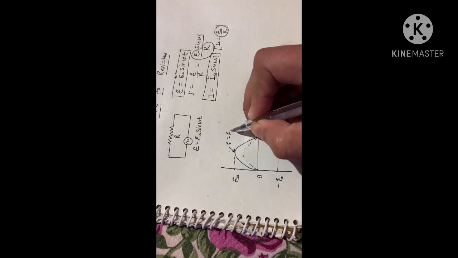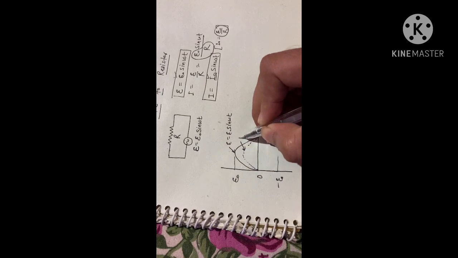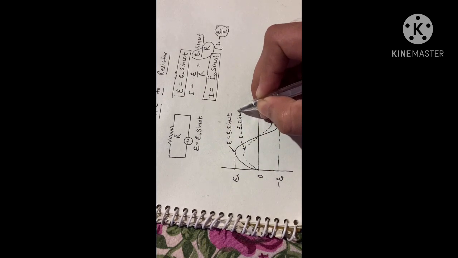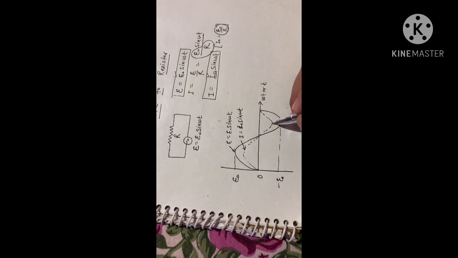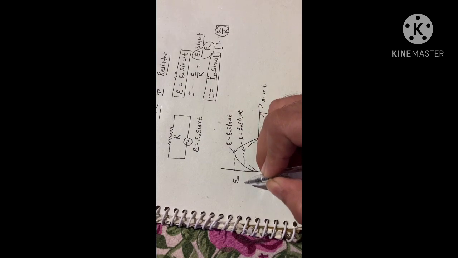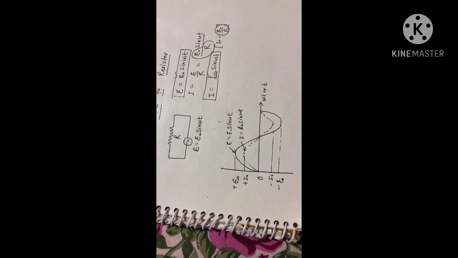E is equal to E0 sin omega t, and I is equal to I0 sin omega t. Draw this line as minus I0, and this is plus I0, and this is plus E0.